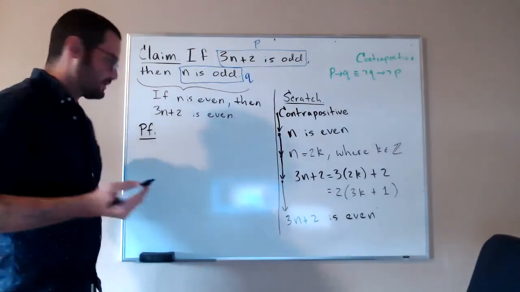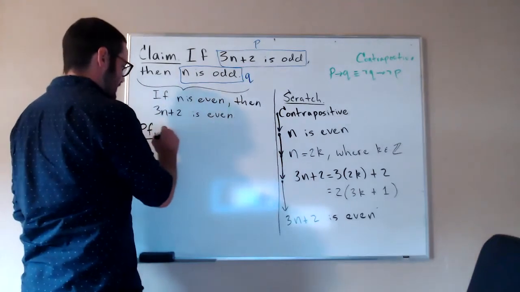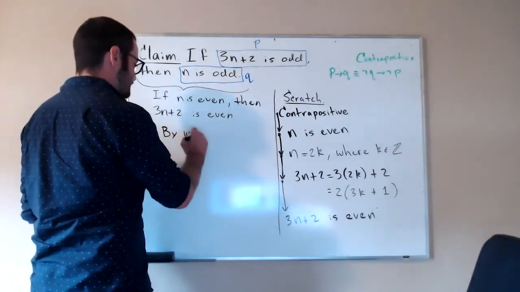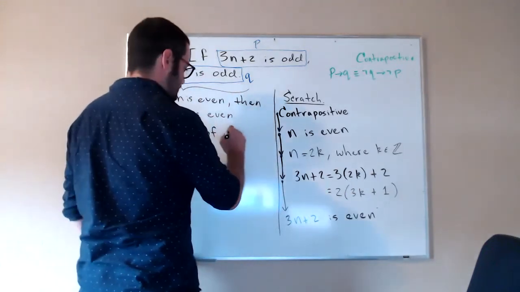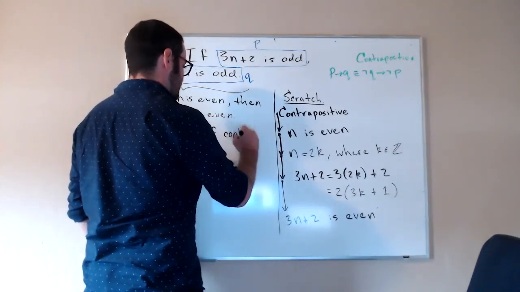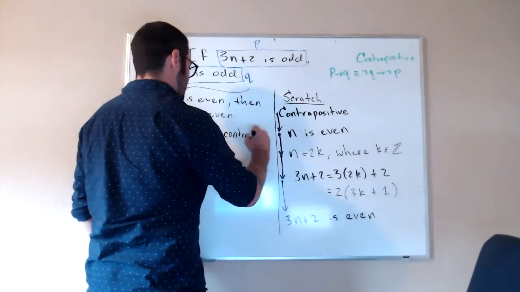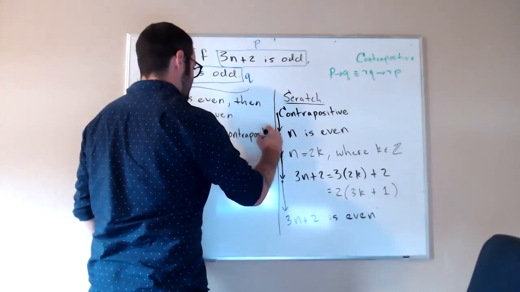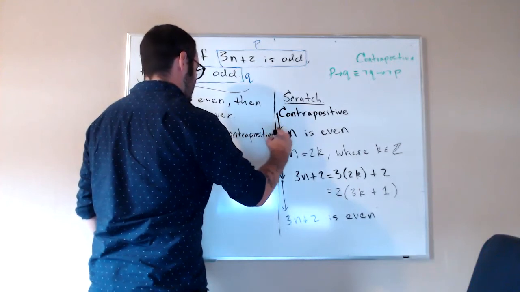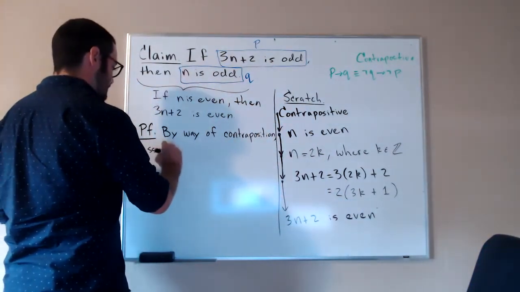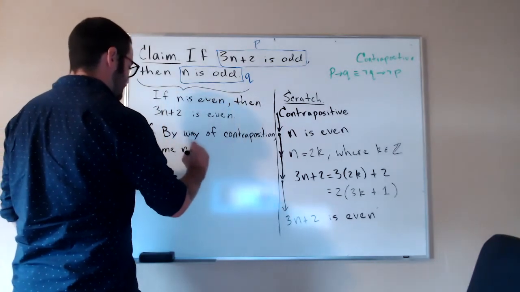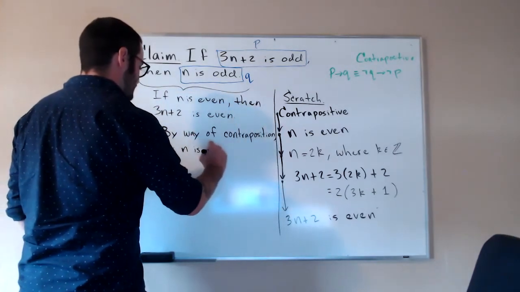I like to start that off by saying, by way of contraposition, assume n is even.